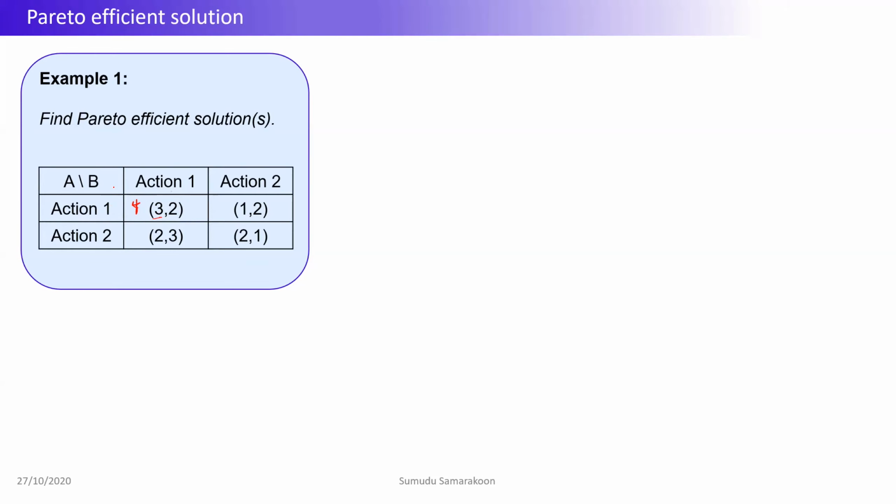Therefore, let's check from the perspective of player B. Here he has the payoff of 2, and if he changes his action from action 1 to 2, he cannot achieve a higher payoff. In this regard, neither of these players can deviate from this action, and nobody is going to deviate in order to improve their gain. So basically, this satisfies the Pareto efficiency condition. So this is one Pareto efficient solution.